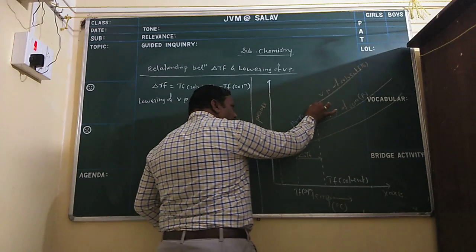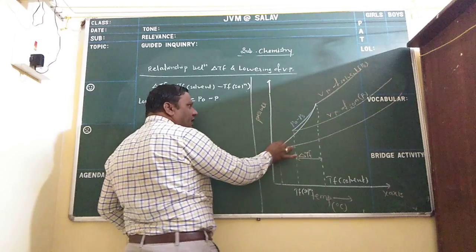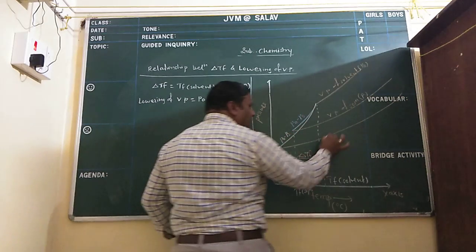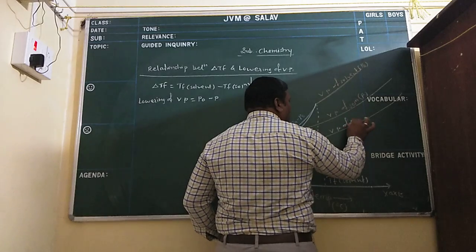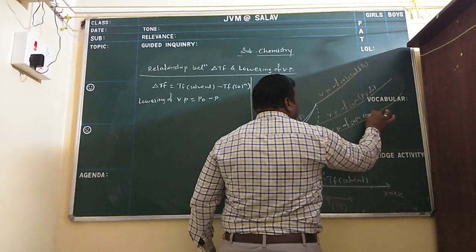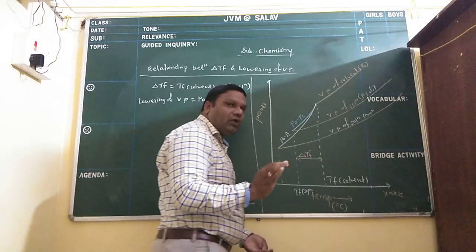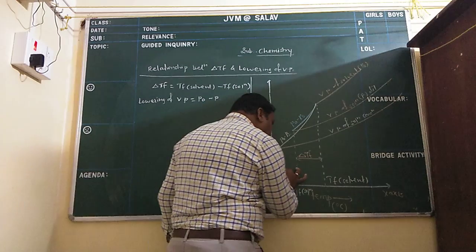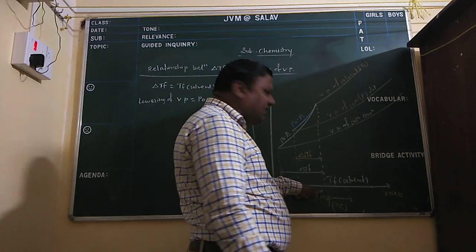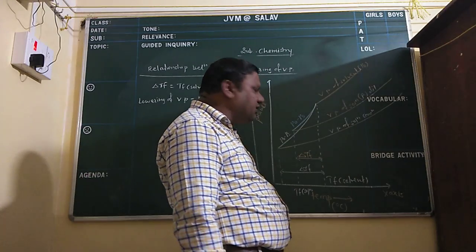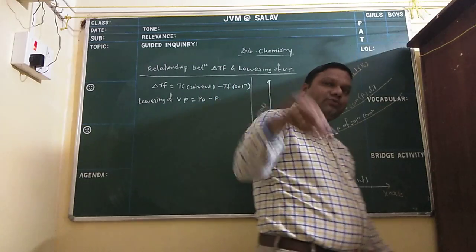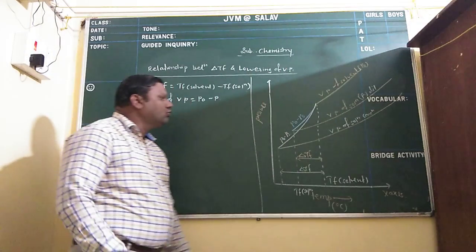And this curve, we are getting P0 minus P. This is the vapor pressure of solution, but this one is dilute and this one is concentrated, meaning having more amount of solute. Now this difference again, the solvent's is fixed. Only the solution's freezing temperature keeps changing. It depends upon the amount of solute present in solution.